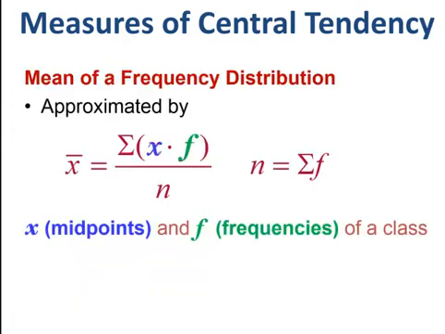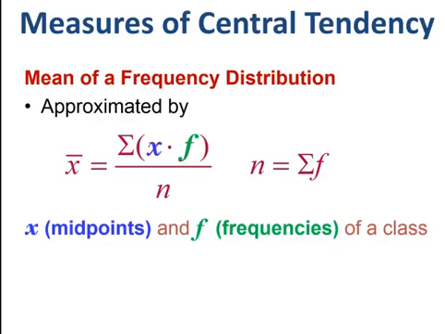So now we're going to talk about the mean for a frequency distribution. Now remember when we did the frequency distribution table, we used classes or intervals. So in order to get the mean of a frequency distribution table, you're going to need the midpoint. And that midpoint is found, remember, by adding the lower limit plus the upper limit and dividing by 2.